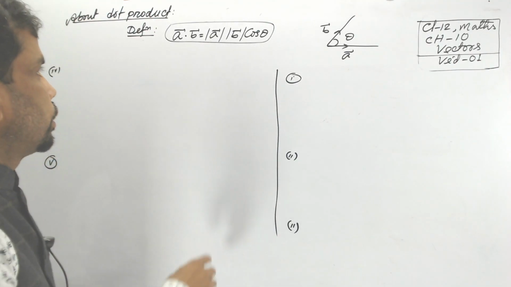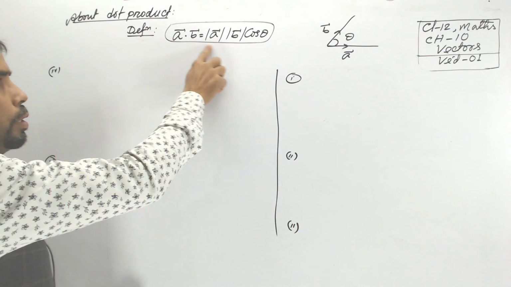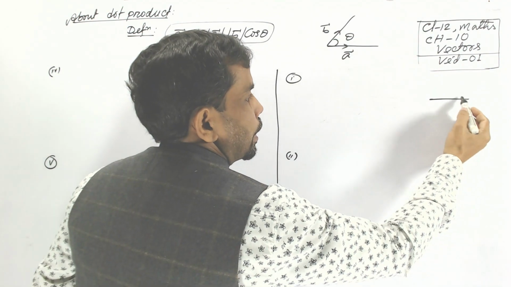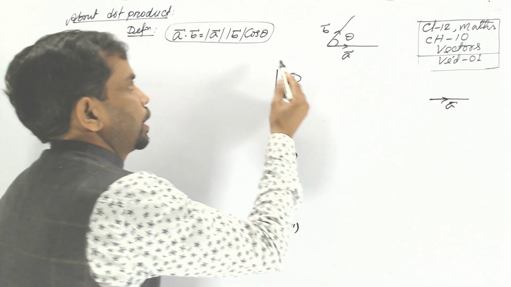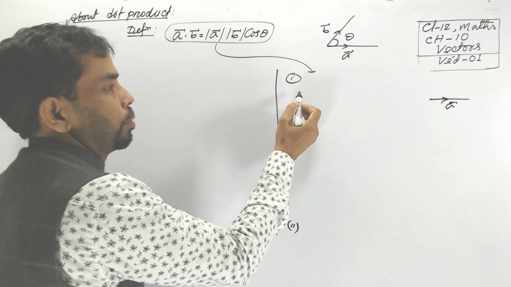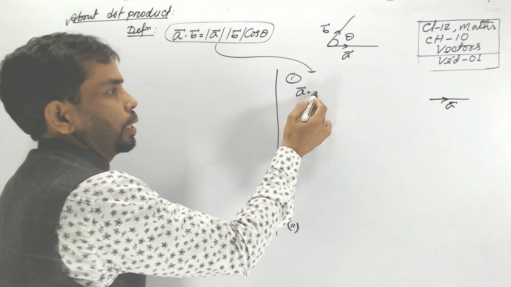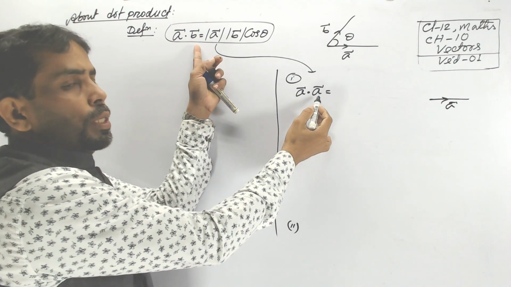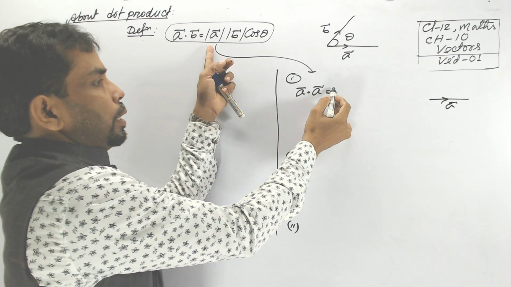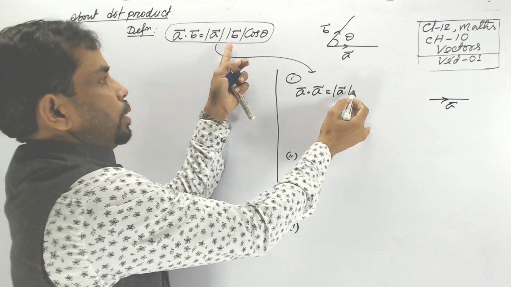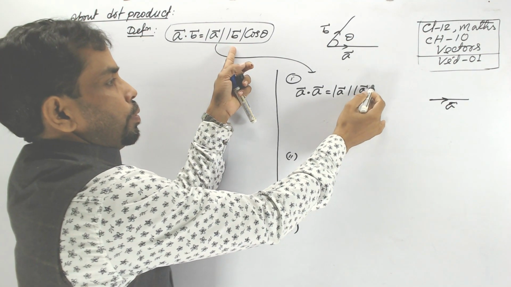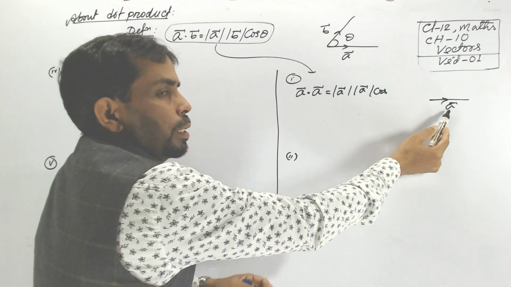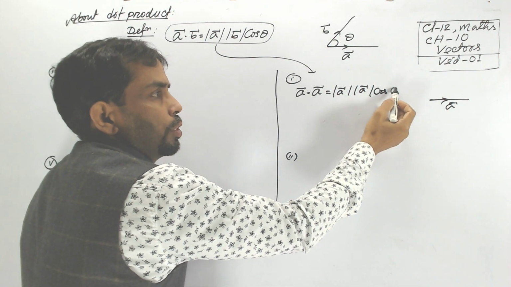Now more about dot product. This is the definition of dot product which we have discussed just now. Now if I take a vector A and apply this definition for A with A itself, that means A is A, B also is A. Then on the right side, magnitude of A, magnitude of B is again A, cos theta. Theta is the angle made by vector A with A itself, which is angle 0.